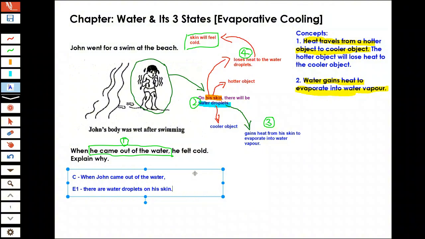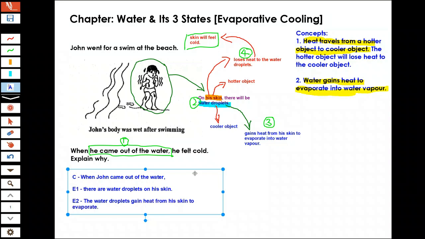And when effect number 1 happens, it will result in effect number 2. So what is effect number 2? The water droplets gain heat from his skin to evaporate.